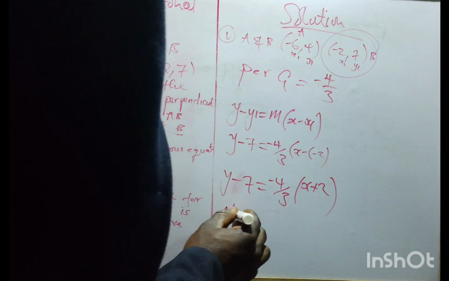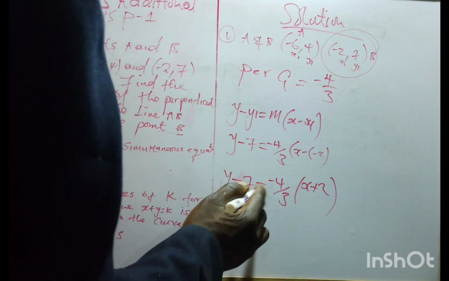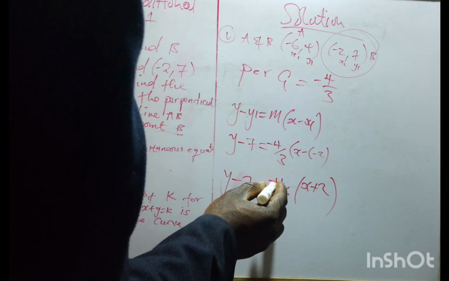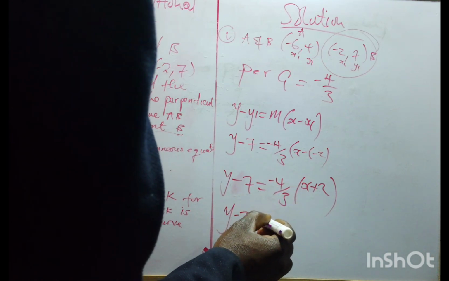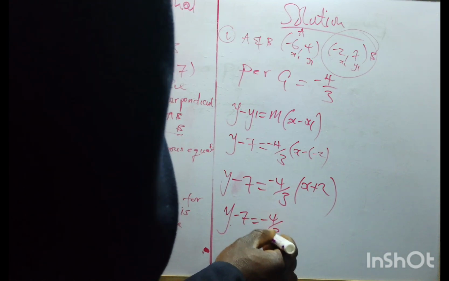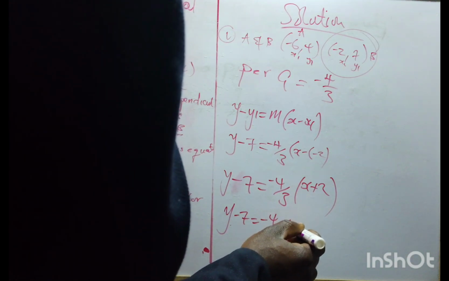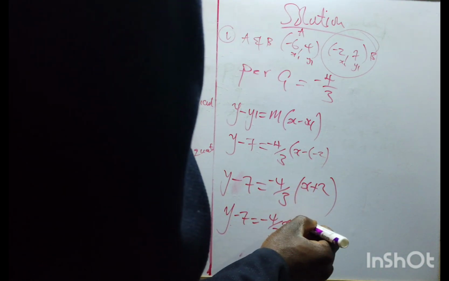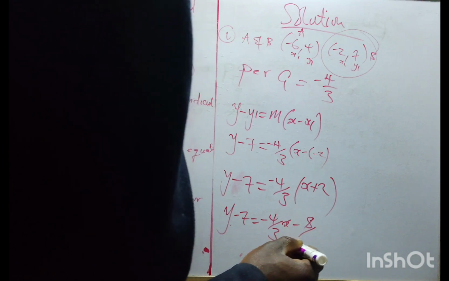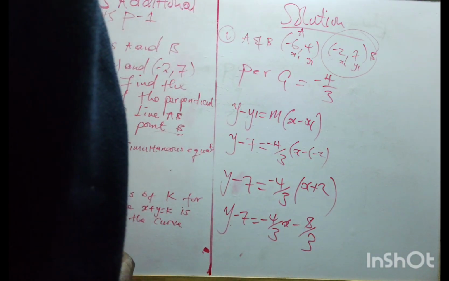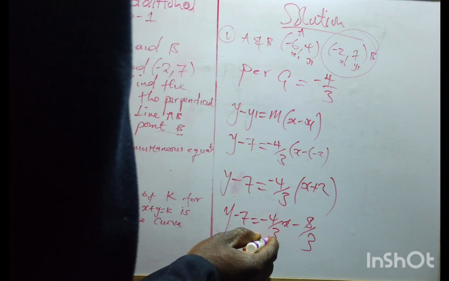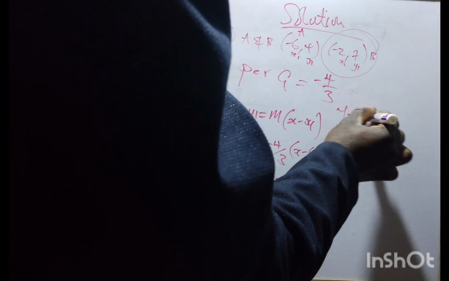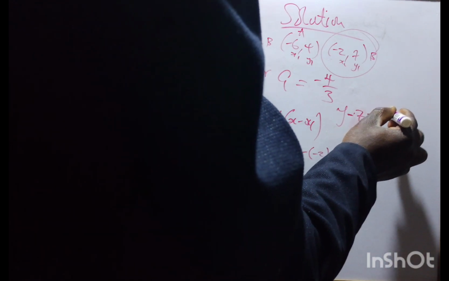Then y minus 7 equals, we are going to multiply now: minus 4 over 3 times x gives minus 4 over 3 x, then minus 4 over 3 times 2 gives minus 8 over 3.